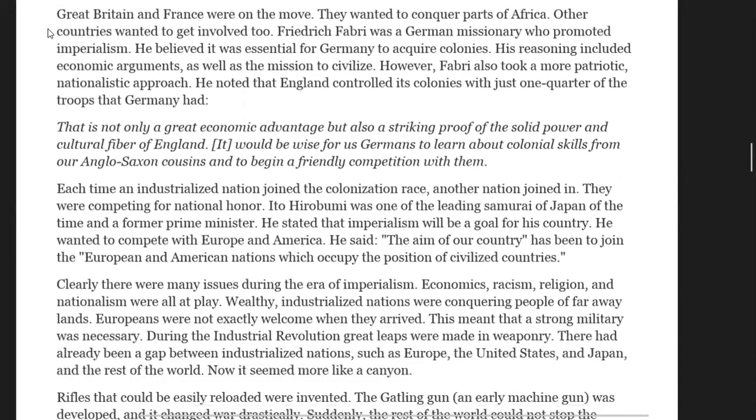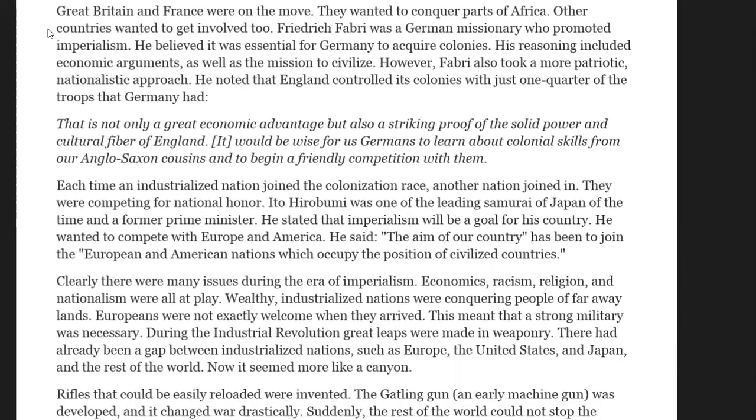In this paragraph now at the top of the screen, the authors refer to how Great Britain, England, and France were two rapidly growing imperial powers. Well, what happens when your neighbors start becoming stronger imperial powers?